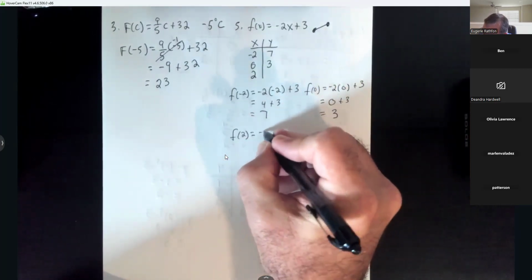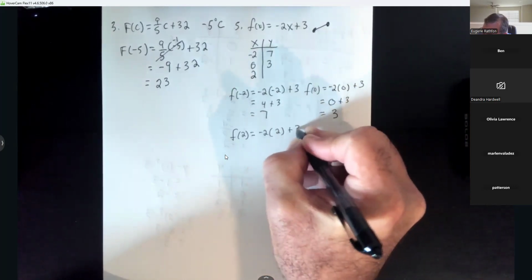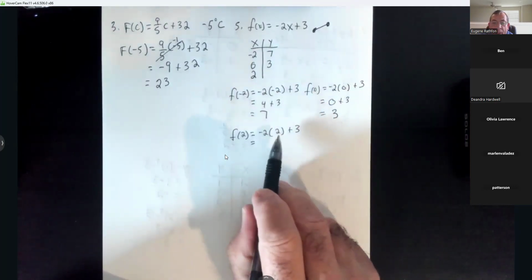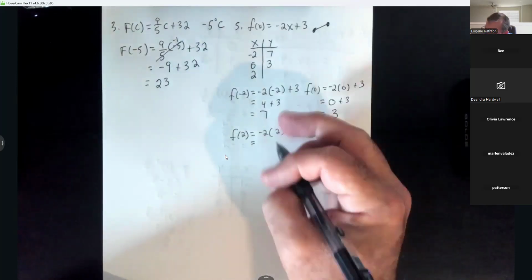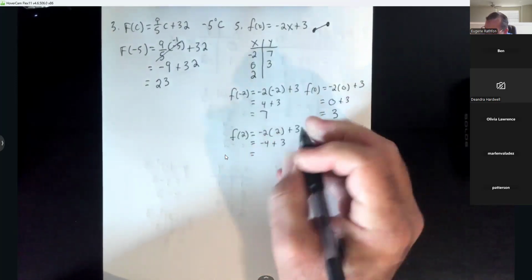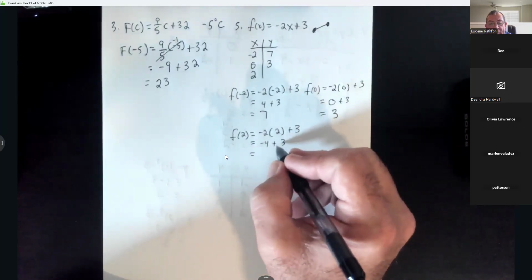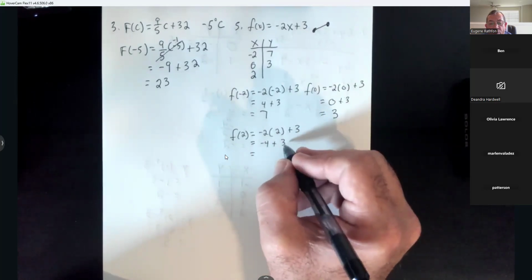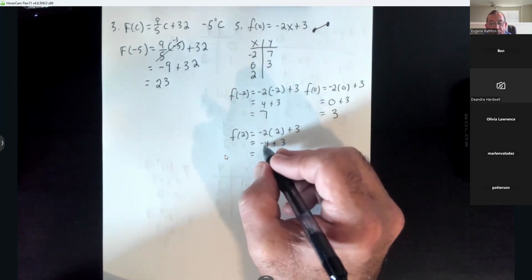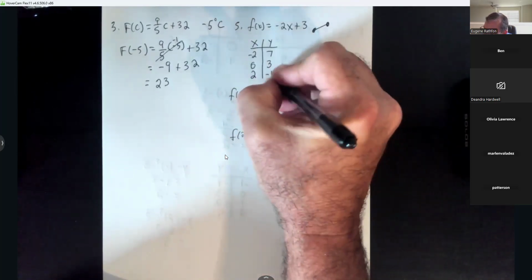That's going to equal negative 2 times x, which is 2, plus 3. All righty, so negative 2 times 2 is negative 4, plus 3. You're adding unlike signs. So 4 minus 3 is 1, and it gets the sign of the larger number. So that'll be a negative 1.